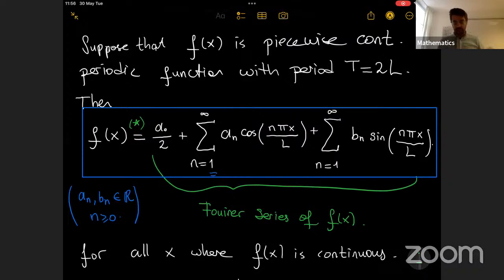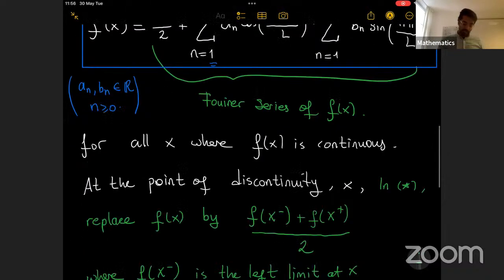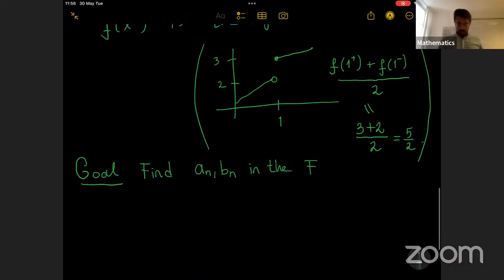Remember, in the case of power series, we have a n x to the n. Now, instead of x to the n, we have cosine x, sine x, okay? This is special for periodic functions, okay? All right, okay. Find an and bn in the Fourier series.